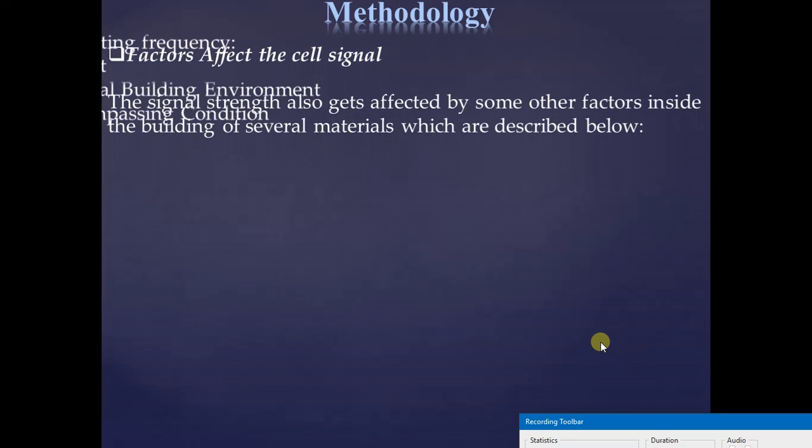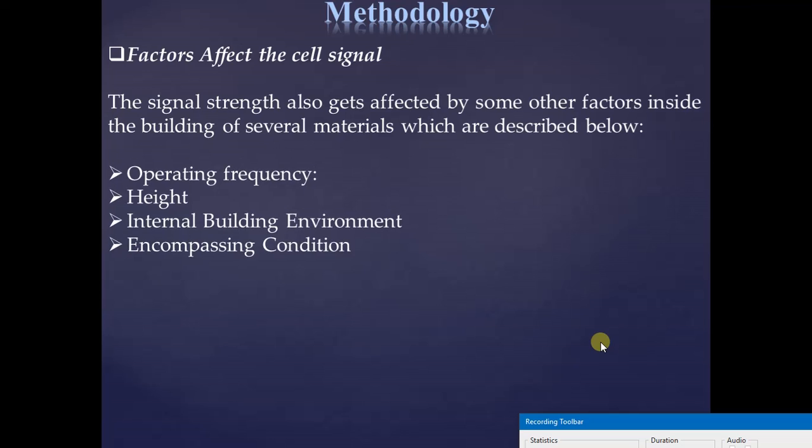In our methodology section, we discuss the factors affecting the cell signal, which are operating frequency, height, internal building environment, and encompassing condition. In our investigation, we took these factors into our investigation parameters.